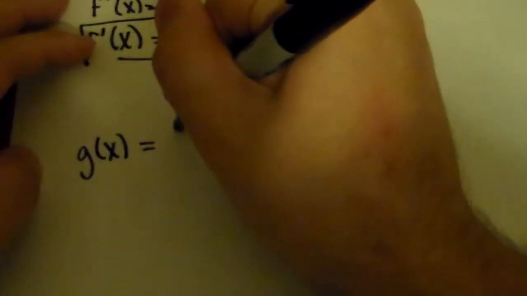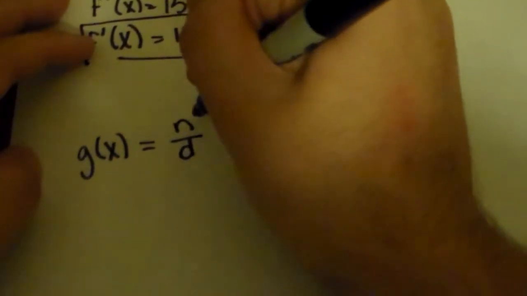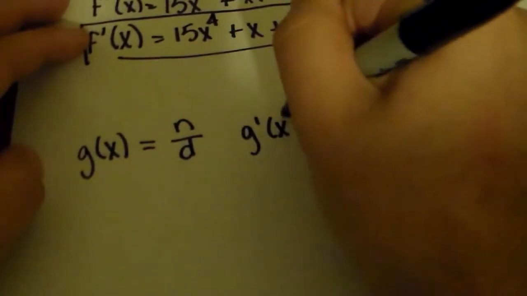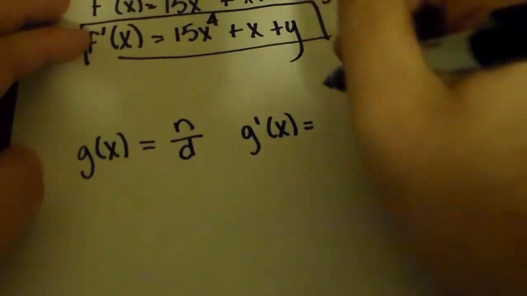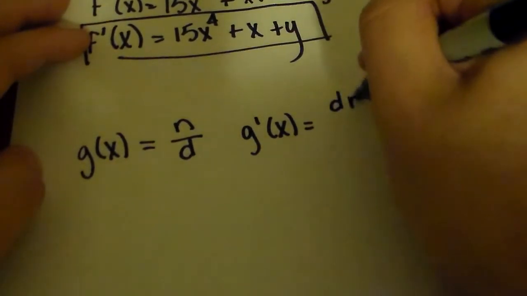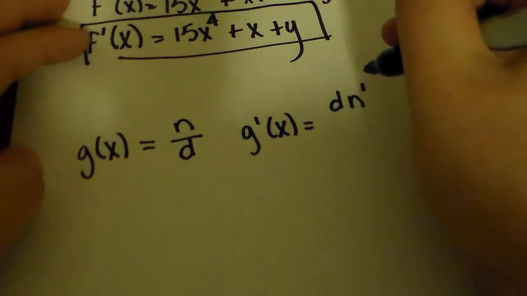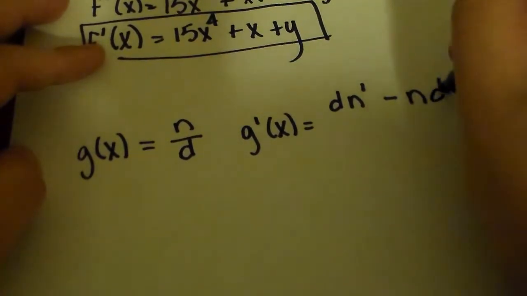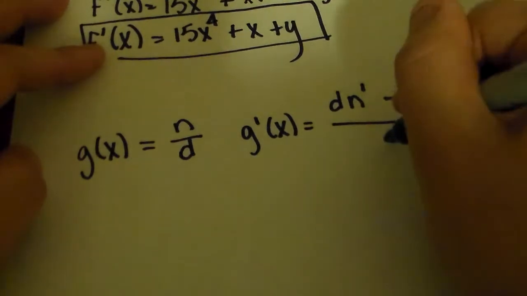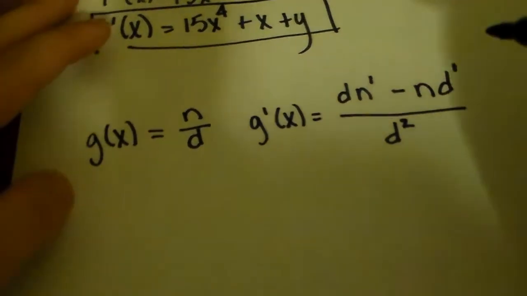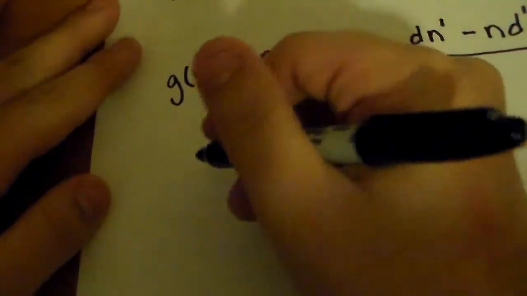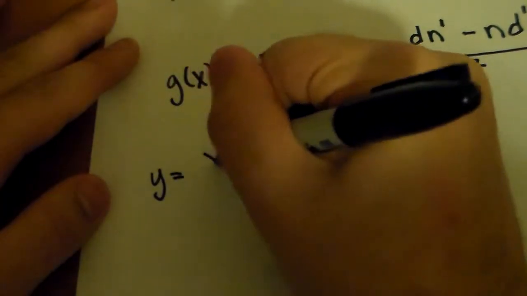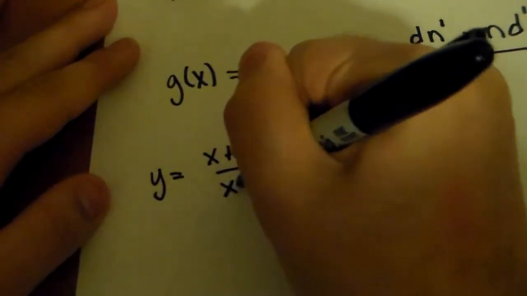So if you have n over d, n being the numerator, d being the denominator, g prime of x would be, with the quotient rule, the denominator times the derivative of the numerator minus the numerator times the derivative of the denominator over the denominator squared.